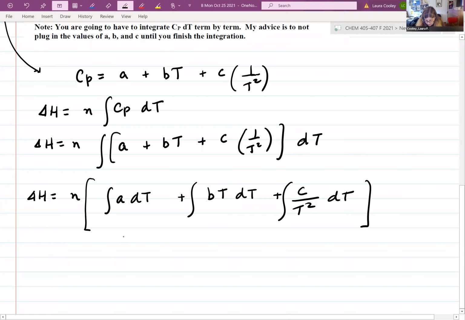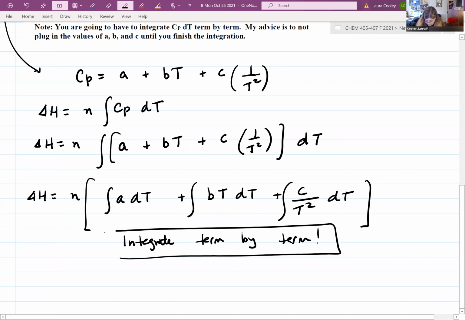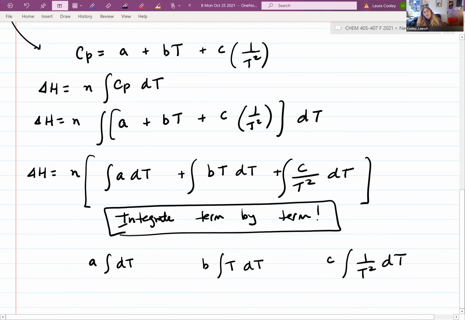So now you integrate term by term. Okay. So you know how to integrate A dT, take the A out, right? This is going to be A times the integral of dT. This is going to be B, the integral of T dT. This is going to be C, the integral of 1 over T squared dT. So you have to integrate these term by term.